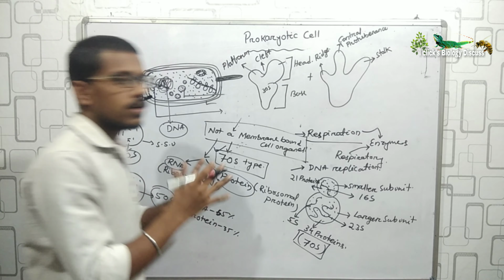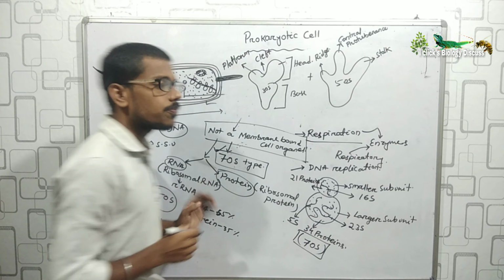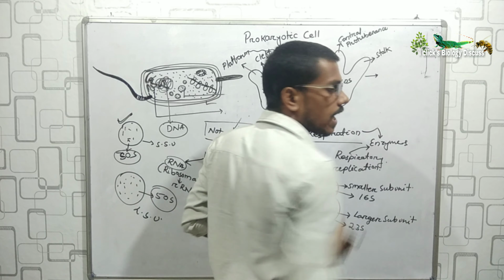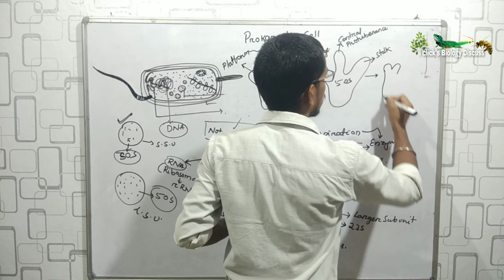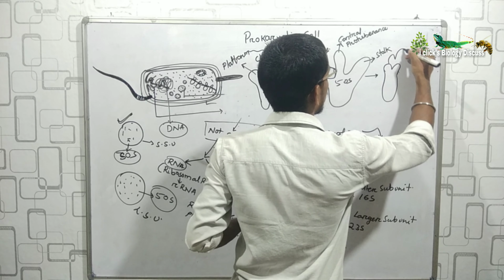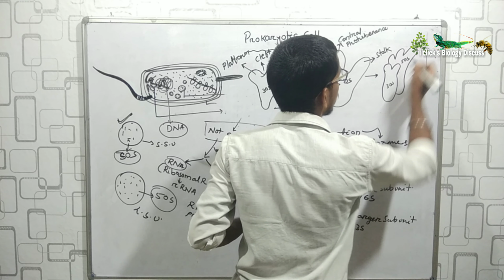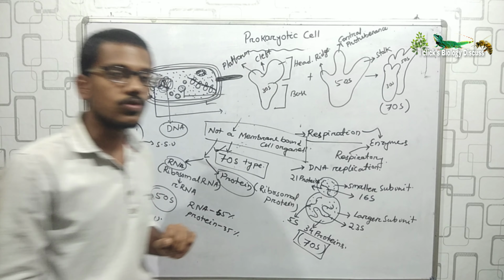Okay, when they are individually present, this is the 50S subunit. When they are individually present, they look like this. But if they are joined during the time of protein synthesis, it will look like this. This is the 30S subunit and this is the 50S subunit, and they will make the 70S type of ribosome.